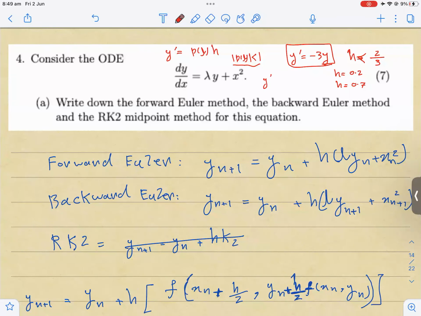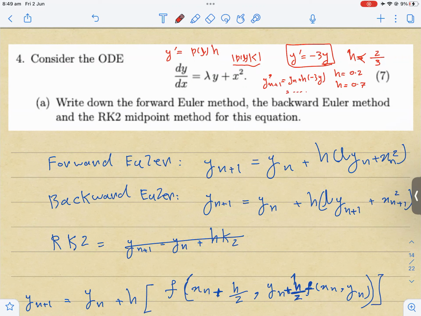If you write the equation, this will be y_{n+1} = y_n + h times minus 3y.